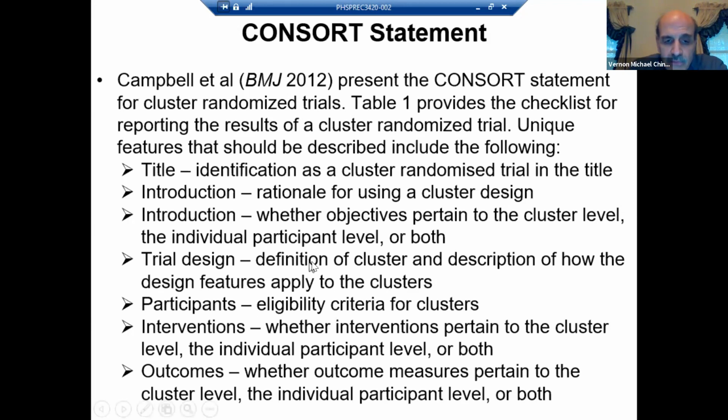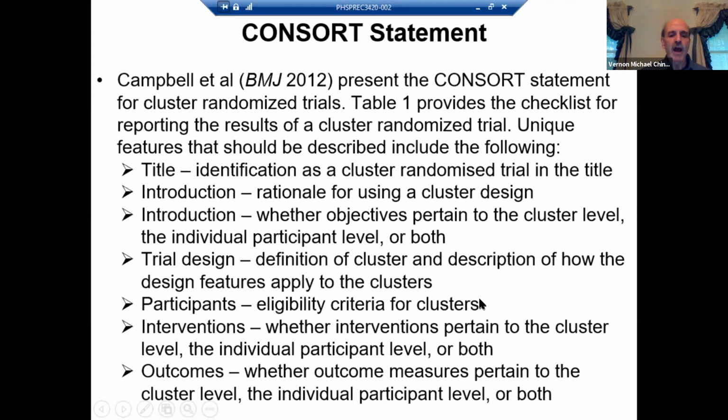In the section on trial design, you should define your clusters and describe how the design features apply to the clusters. You should describe the eligibility criteria for the clusters. This isn't that different from the standard CONSORT statement.